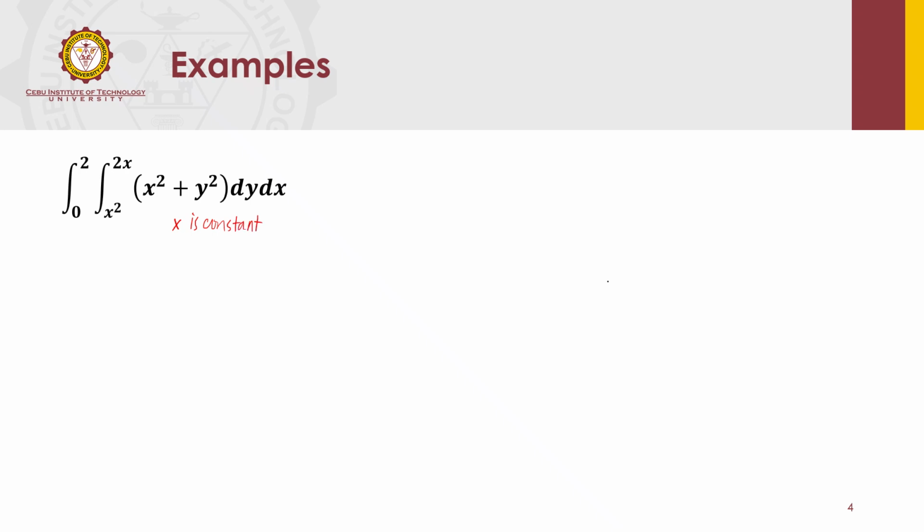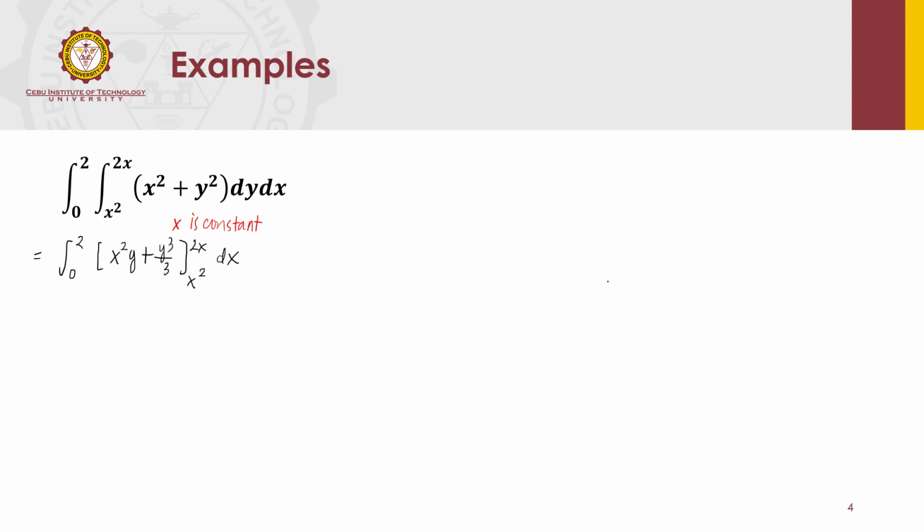We copy the outer limits first and then integrate x squared dy with x as a constant. That's x squared times the integral of dy, which is y, plus the integral of y squared dy, that's y cubed over 3. And then we evaluate using x squared for the lower limit and 2x for the upper limit.